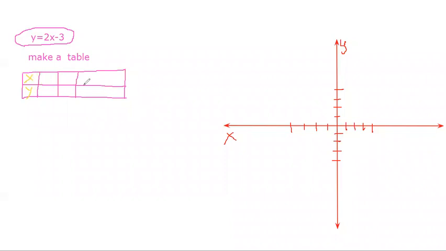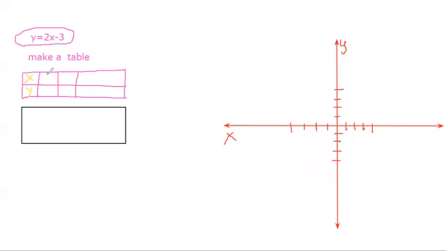Then make a table like this, with 4 columns: two rows, then 4 columns. Then for the value of x, you decide. Any number. But don't put just anything. Make sure the number you pick is easier for you to solve.